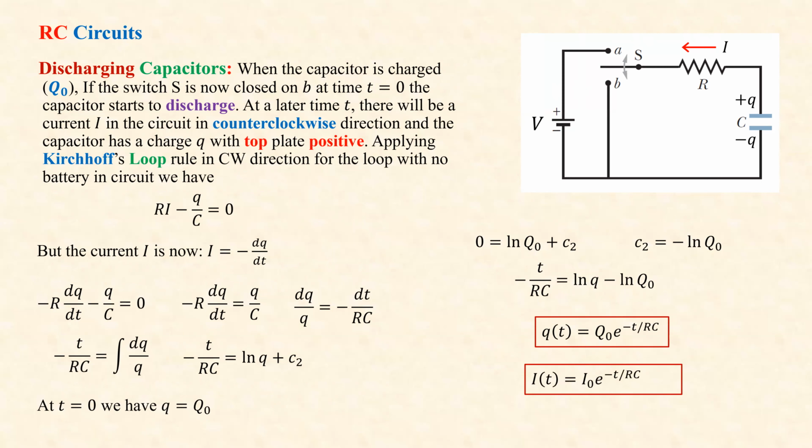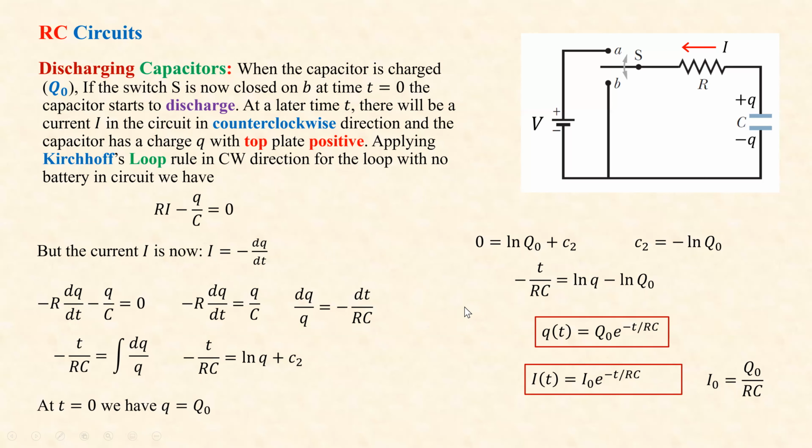And if you take the derivative, negative 1 over RC comes here, and of course with the negative sign in here, the negative goes away. Q naught over RC becomes I naught, the initial value of the current, because Q naught over C is the initial potential across the capacitor, and divided by R it becomes the initial current. So this I naught is Q naught over RC.